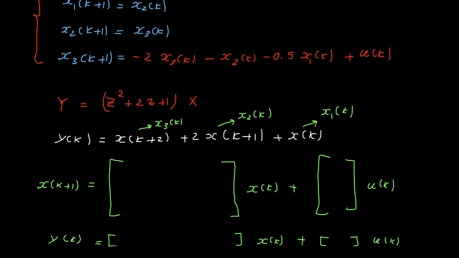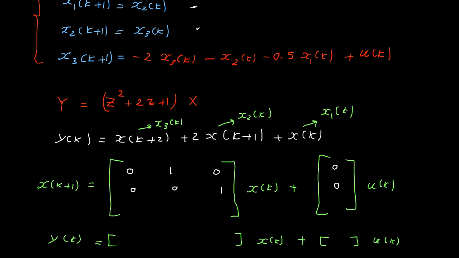So the first equation is x1 of k plus 1 will equal x2, so this will be 0, 1, 0. The second equation, x2 of k plus 1 is equal to x3, so this will be 0, 0, and 1. There is no input in the first equation or the second, so this would be 0 and 0.